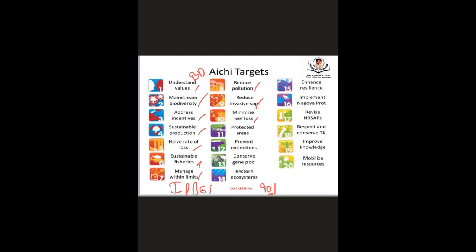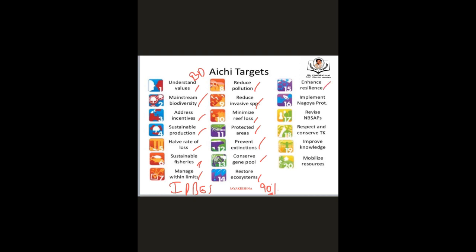Minimize the coral reef loss of the world. Then the protected areas, to prevent extinction, to conserve the gene pool. Means what? To conserve the genetic resource, to restore the ecosystem is the 14th Aichi target.